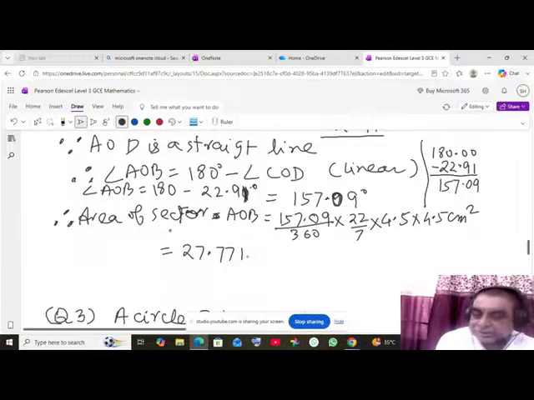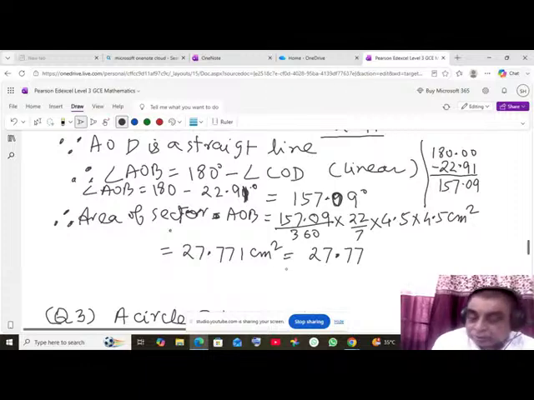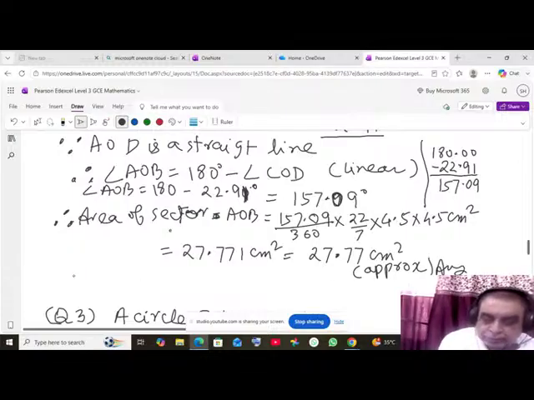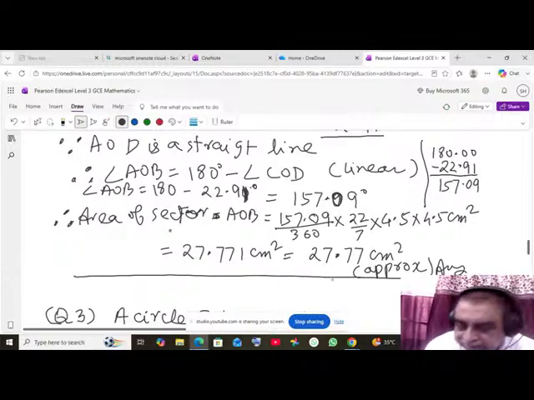The third digit is 1 after the decimal point, so round it to the second place of decimal. Rounding up it is 27.77 because there is no last digit. So many centimeters squared approximately. You will write here approx. It is not the accurate value, but it is approximately that.